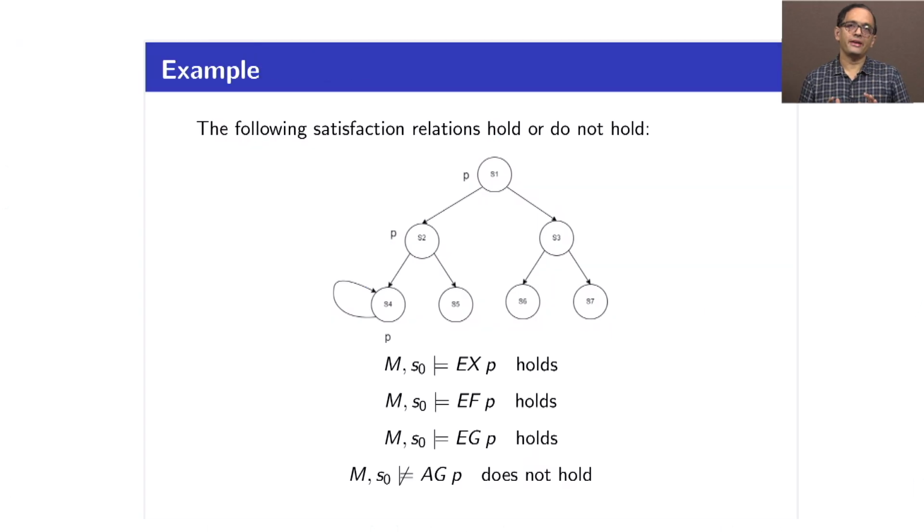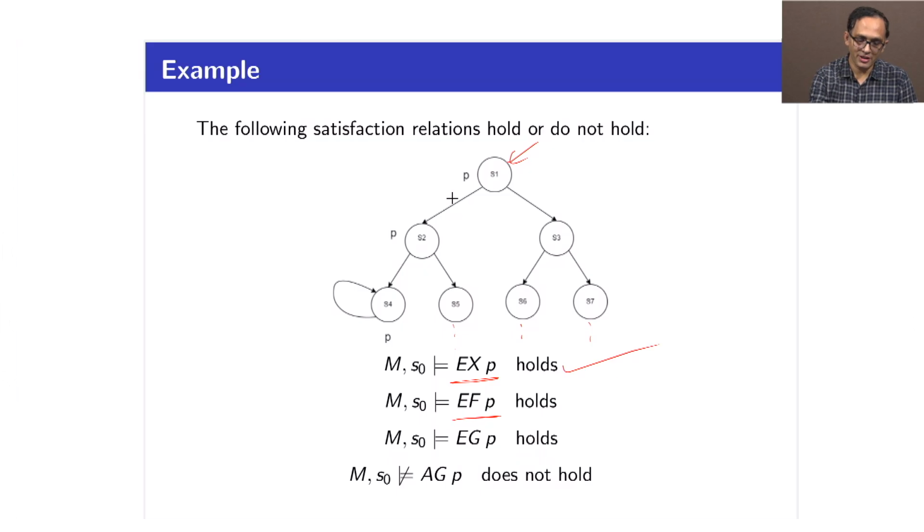Now I will take a small example and ask you questions whether this holds or not. Let us say I have this case, and this is basically infinite. In this case, does E X p hold from this state? Yes, because there is a next state where p holds. So this is true. Then does E F p hold?